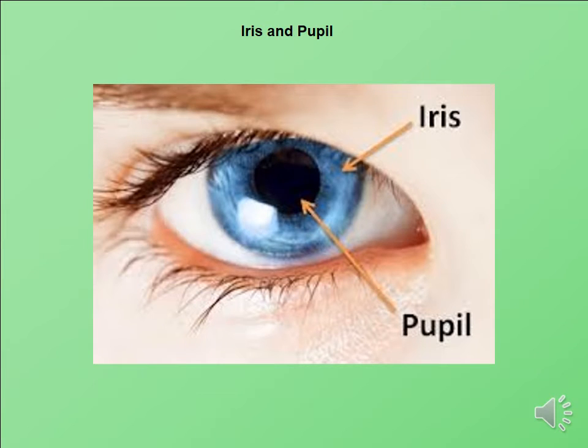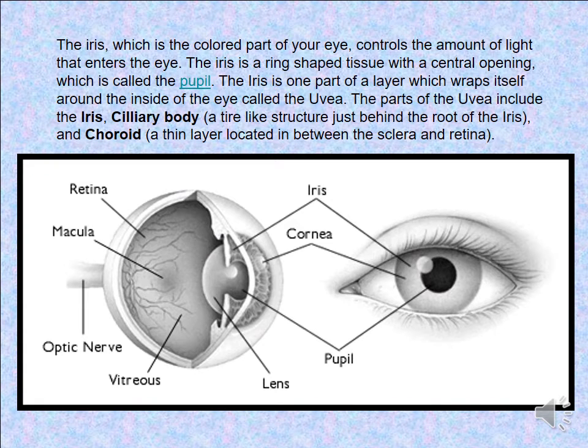And then the iris and pupil. The iris, which is the colored part of your eye, controls the amount of light that enters the eye. The iris is a ring-shaped tissue with a central opening, which is called the pupil. The iris is one part of the layer which wraps itself around the inside of the eye called the uvea.